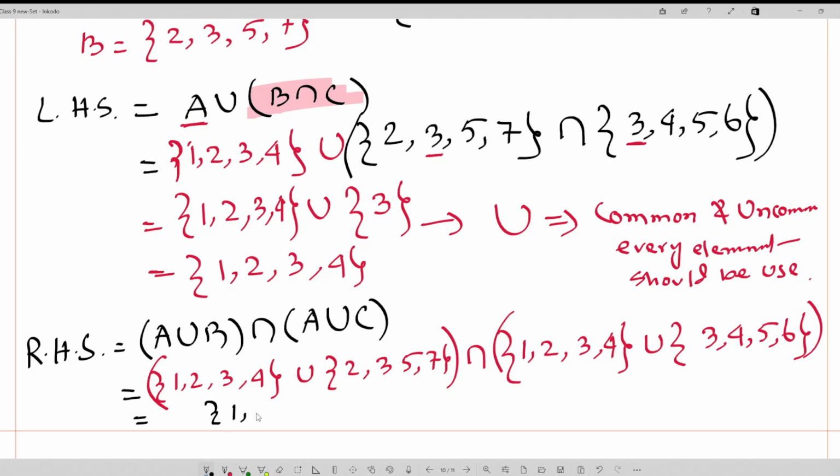Therefore we can write 1, 2, 3, 4, 5, 7 intersection. And here is also union 1, 2, 3, 4, 5, 6. Right? Now look.